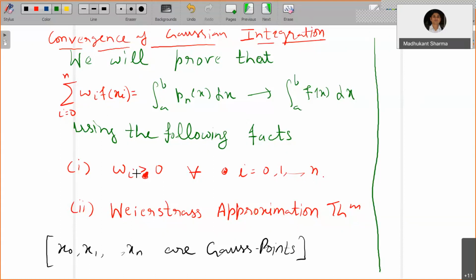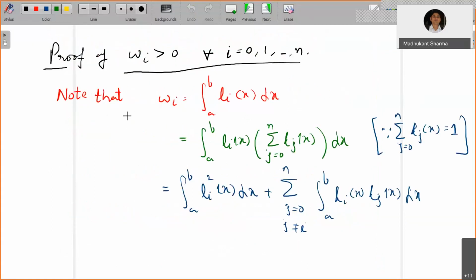Now note that here x0 to xn are the Gauss points we are choosing. Note that wi is nothing but integration a to b li of x dx, if we recall, because we have Pn of x as summation f of xi times li of x, and if you perform the integration, wi will come out like this.